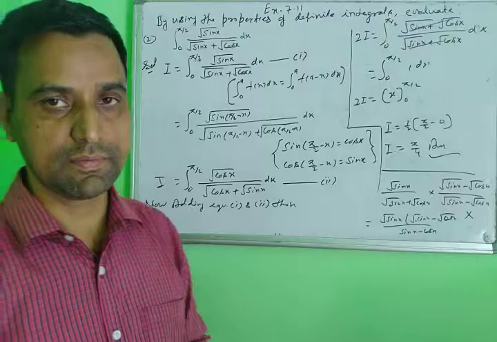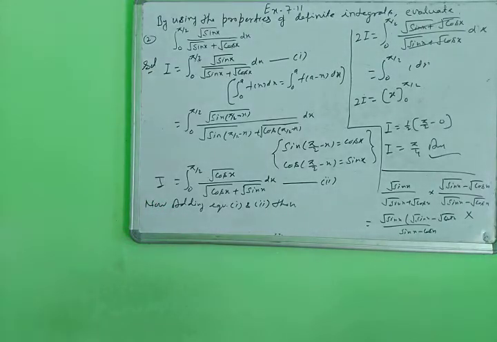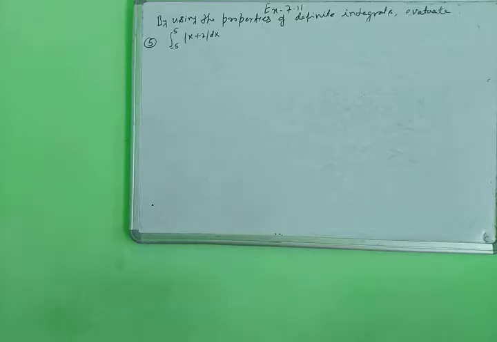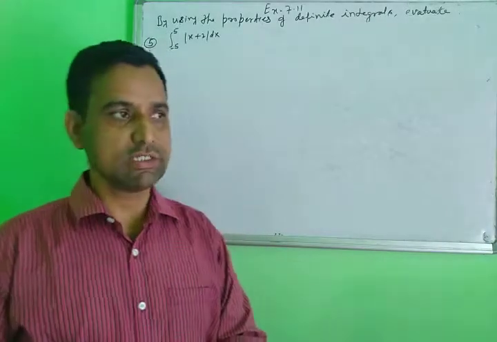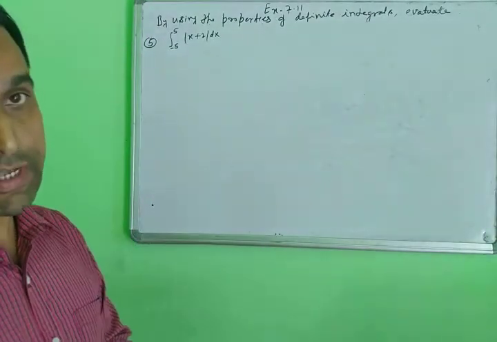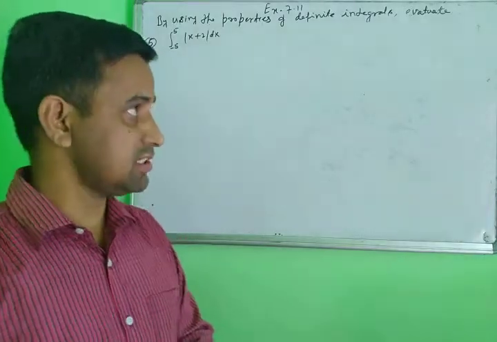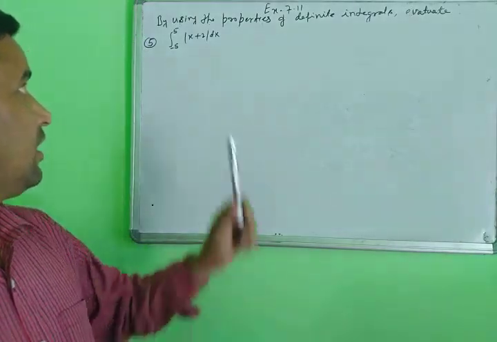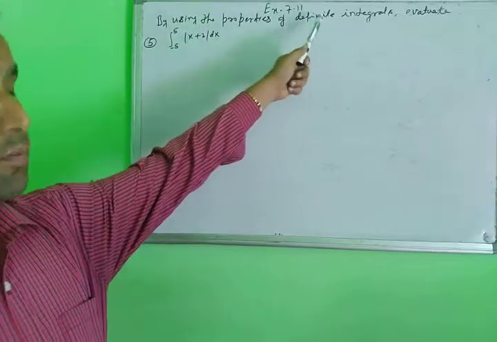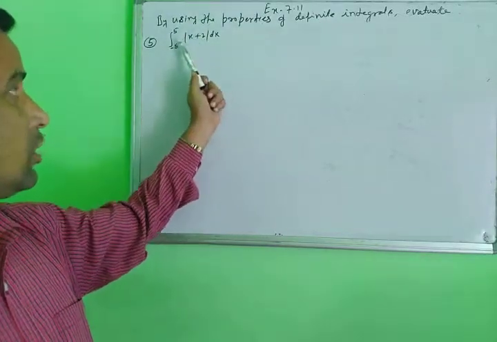Then the next question. Yes, students, next question. This different type of question is very important, in this type of question from the board exam. Same thing, using the property of the definite integral, solve this function.